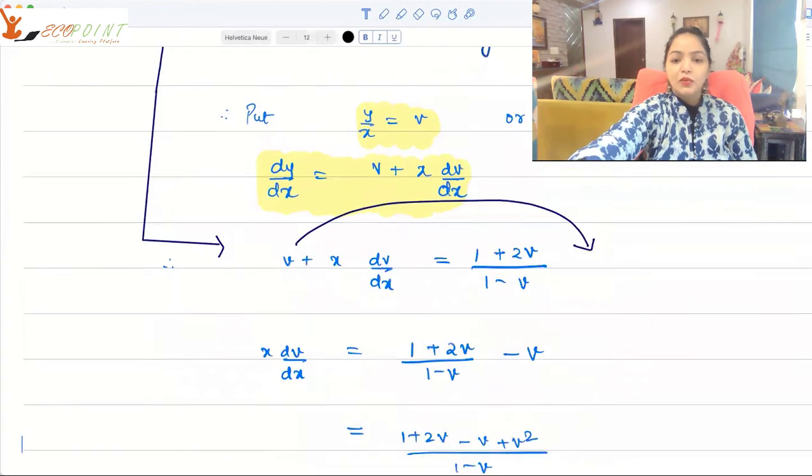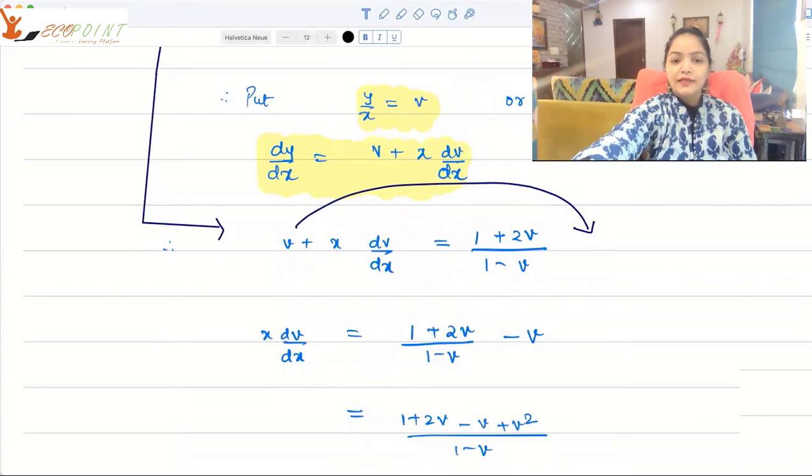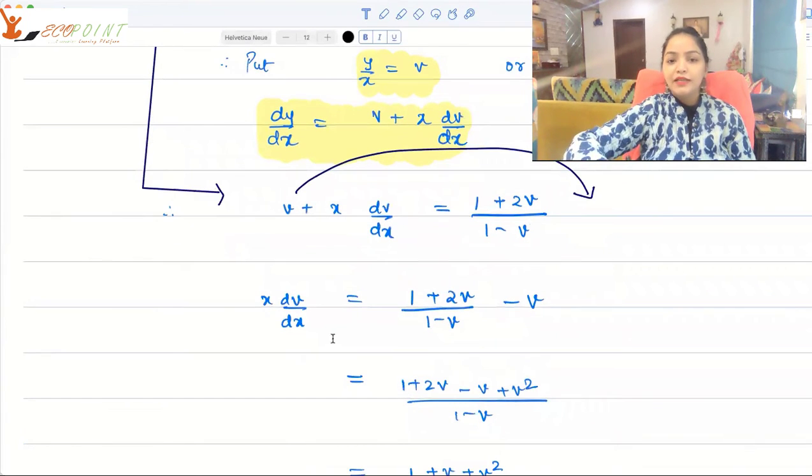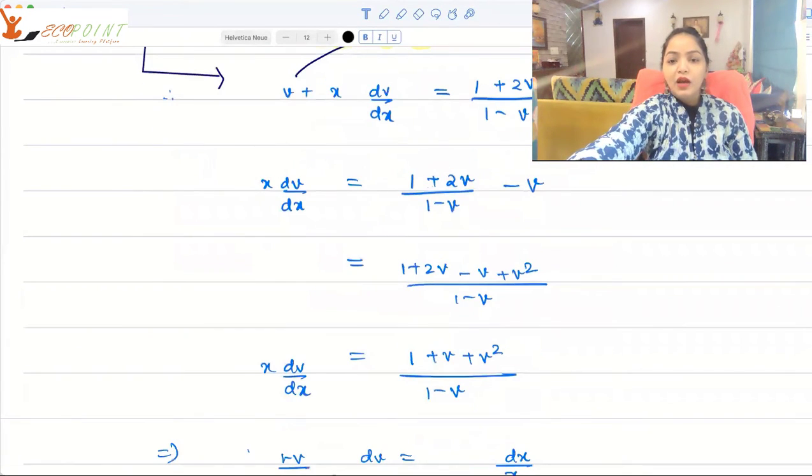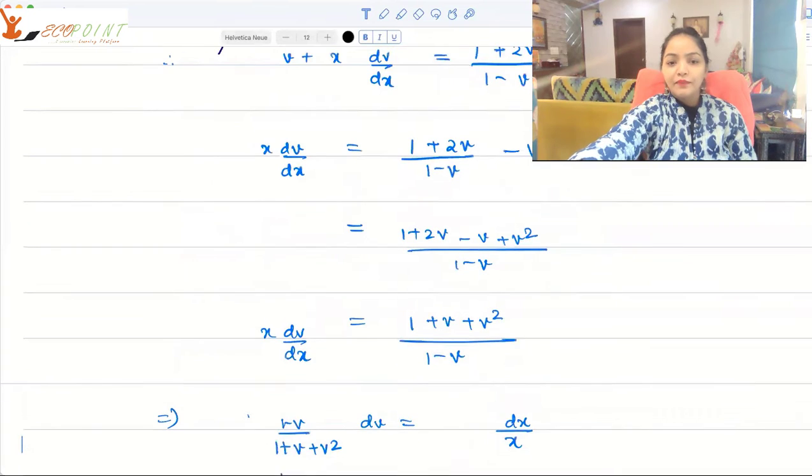We will separate v terms and x terms. So we will get x dv by dx is equal to, you will subtract v from your right-hand side, so you will get 1 plus 2v minus v plus v square upon 1 minus v. So that gives you 1 plus v square upon 1 minus v.